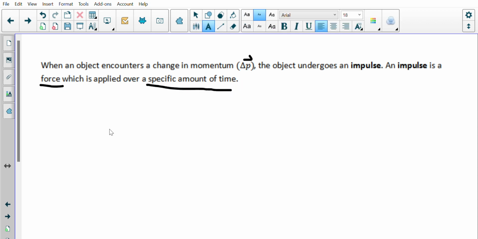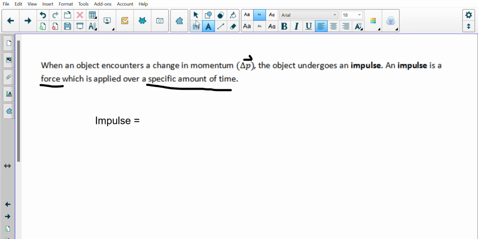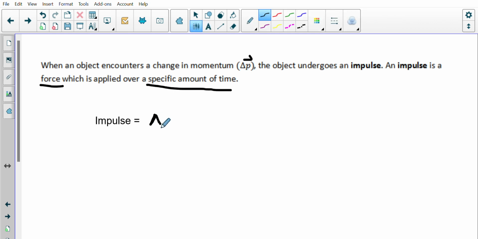Mathematically, an impulse is equal to a change in momentum. So delta for change, we have our rho symbol for momentum, a vector, and it's determined by a force, also a vector, times time, or delta t.